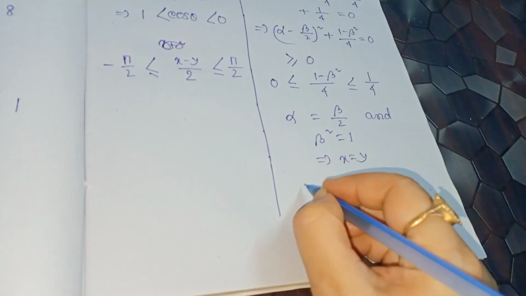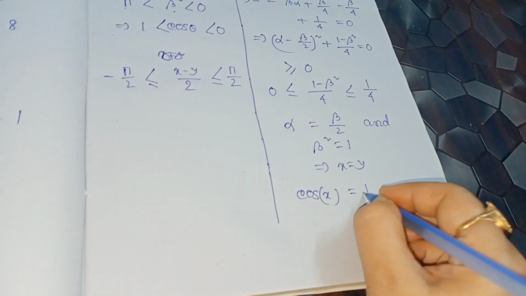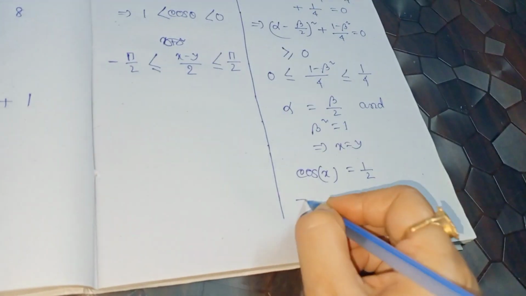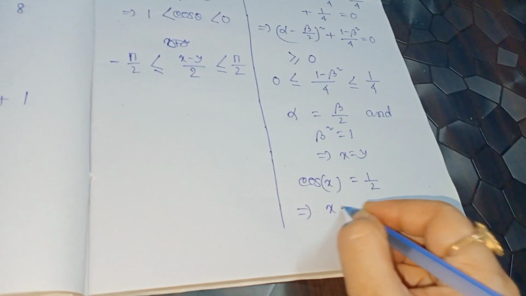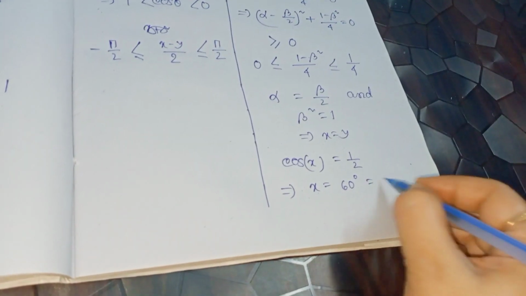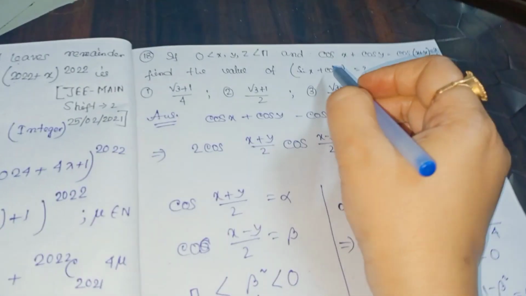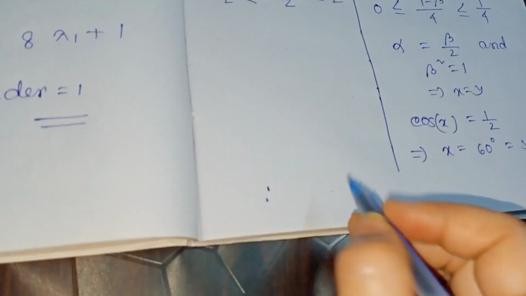So cos x is equal to half. That implies x is equal to 60 degree, and x is equal to y, so y is also 60 degree. Therefore we should calculate the value of sin x plus cos y.